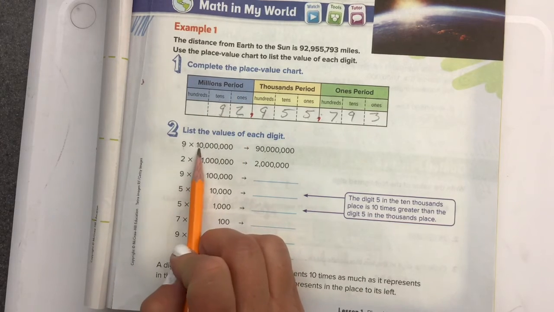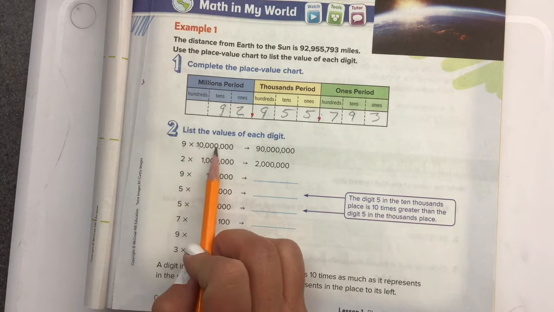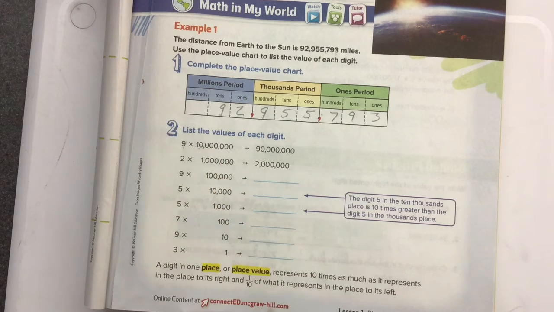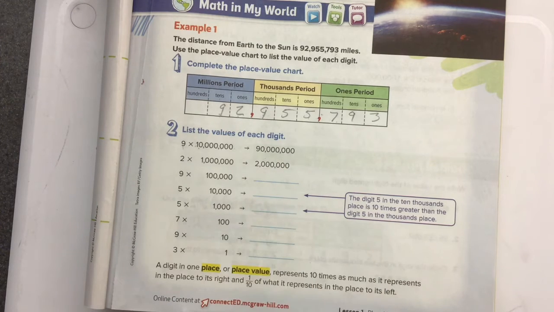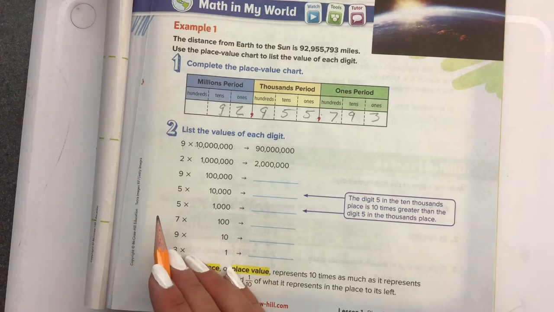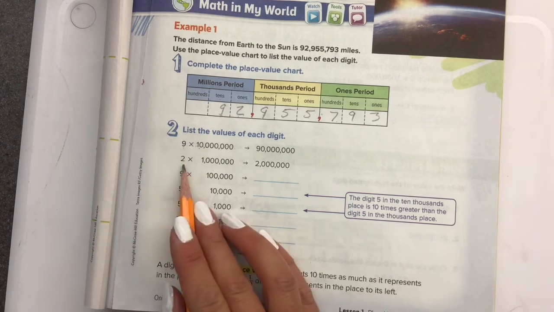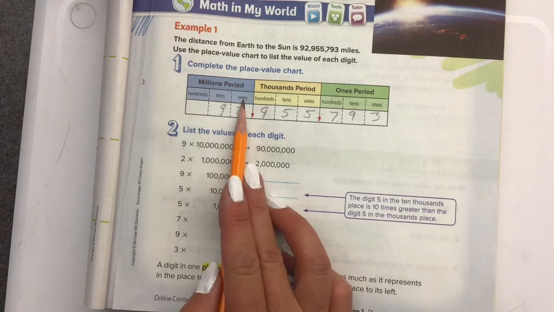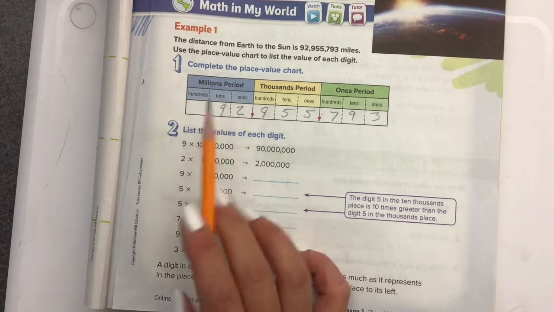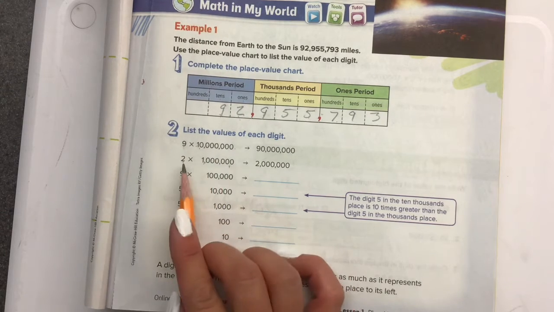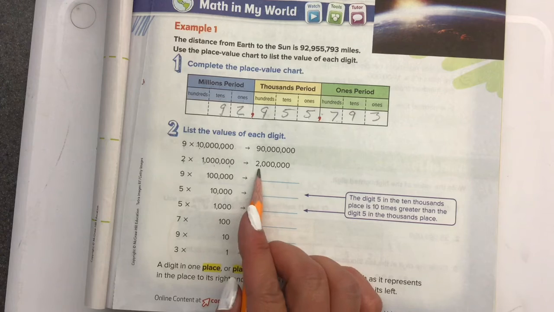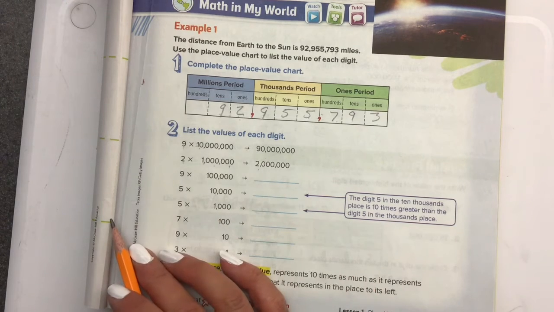So we're going to put 10 with 1, 2, 3, 4, 5, 6, 7 zeros. 1 with the 7 zeros behind it. So we would get 90 million. Wish I had that in my bank account. Next one, we have the 2, and it is in the 1 millions spot. So 2, we're going to times by 1 million, and 2 times 1 million equals 2 million. You get the pattern now?